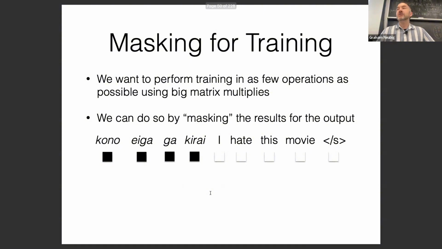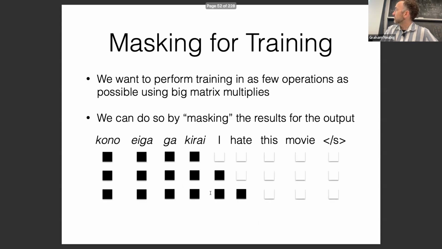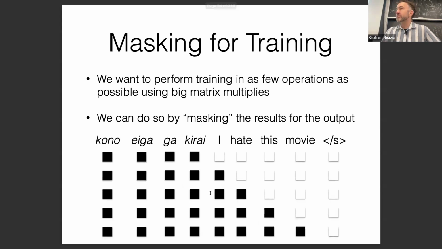So another thing I'd like to talk about is masking. And masking is a way to efficiently implement these models. Basically the way it works is very similar to the figures that I showed last time, which talked about which values we use and which values we don't use in making our next prediction.